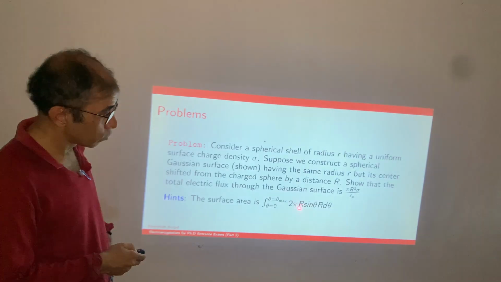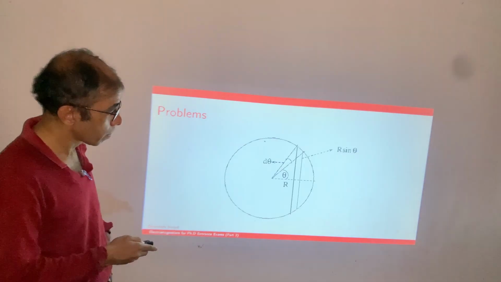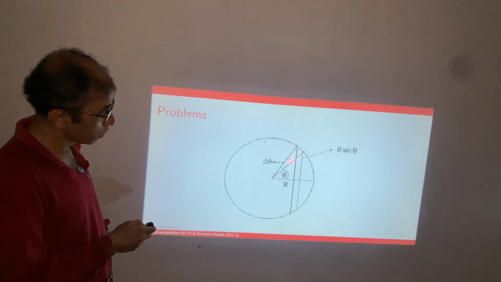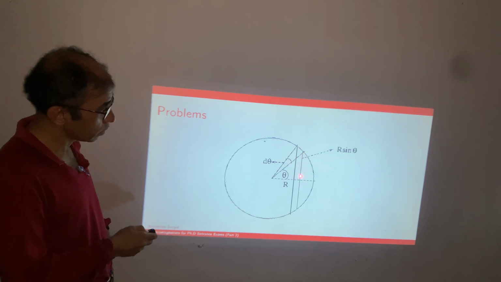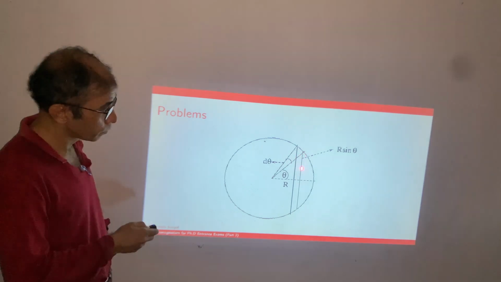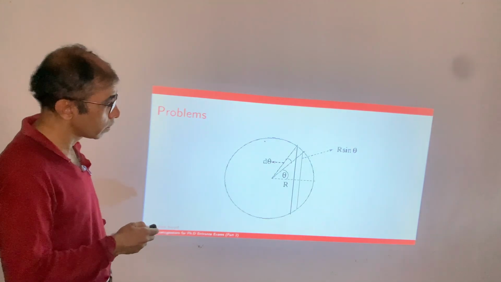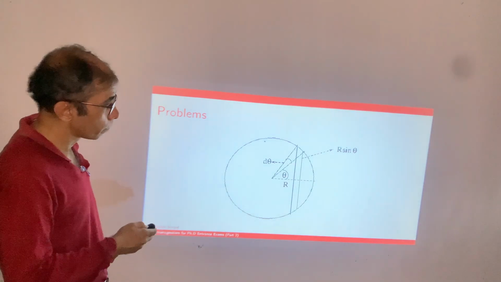It will be 2 pi r sin theta times r d theta, right? If this is r, then this is r sin theta. So the radius of the circle is r sin theta, and the circumference is 2 pi r sin theta.